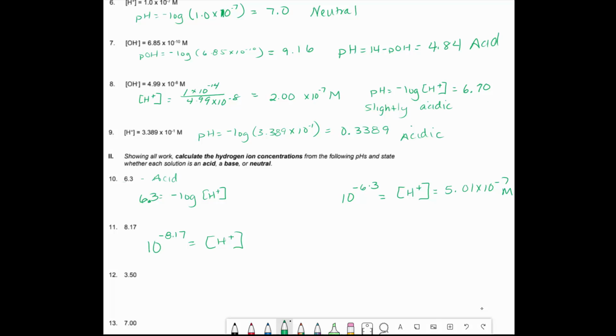So 10 to the negative 8.17, I get 6.76 times 10 to the negative 9th, and that's a capital M molarity. This is a basic solution. The pH is greater than 7.